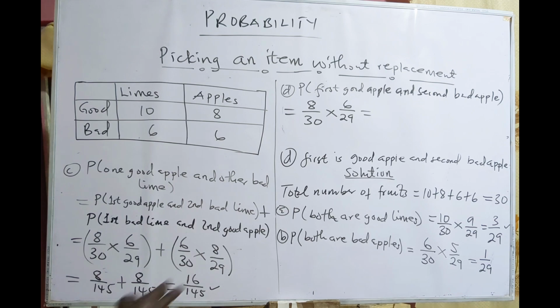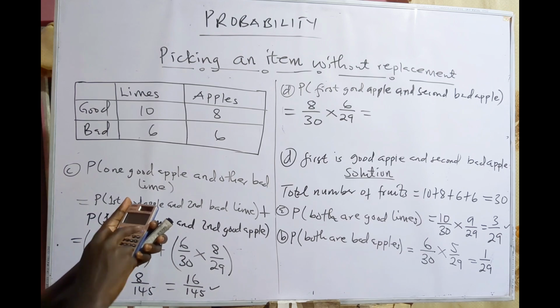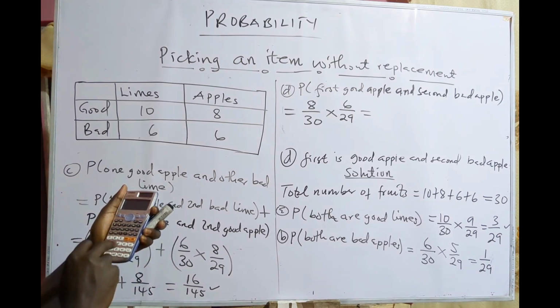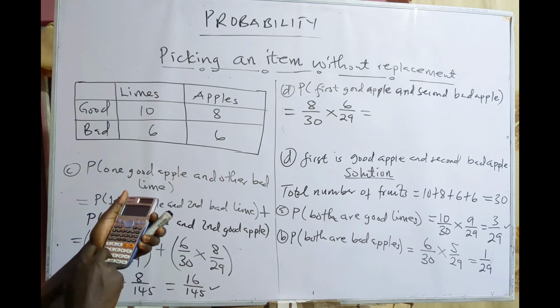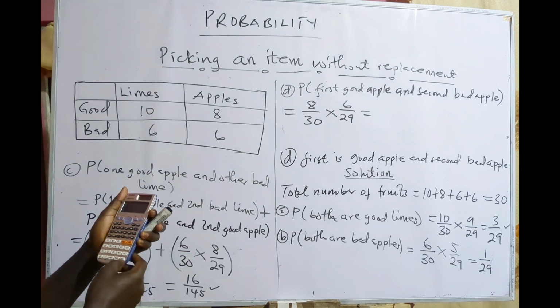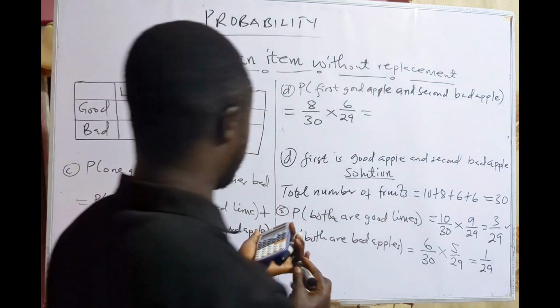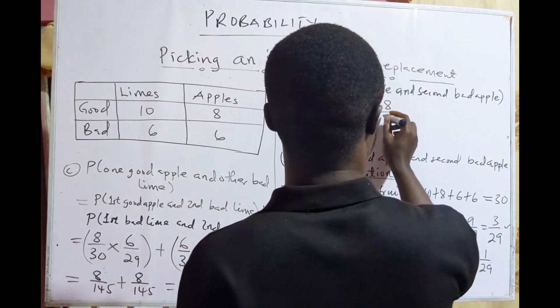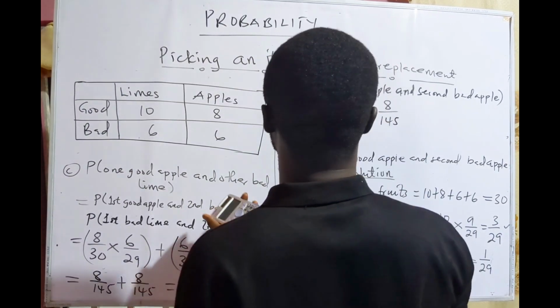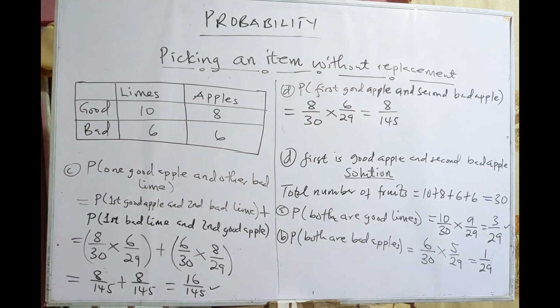So the bad apples will still remain 6, but the total will reduce by 1 to 29. We have 8 over 30 times 6 on 29, and that will give us 8 on 145. 8 on 145. All right.